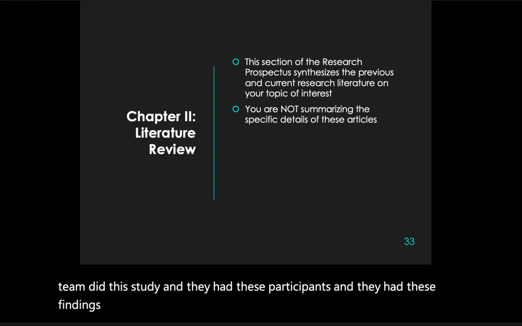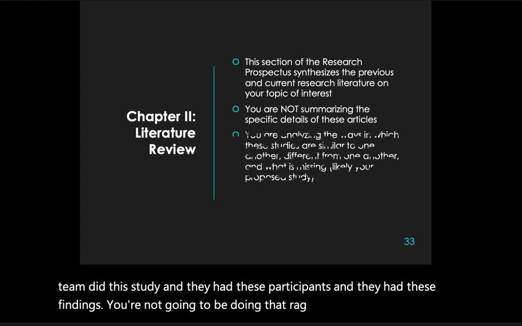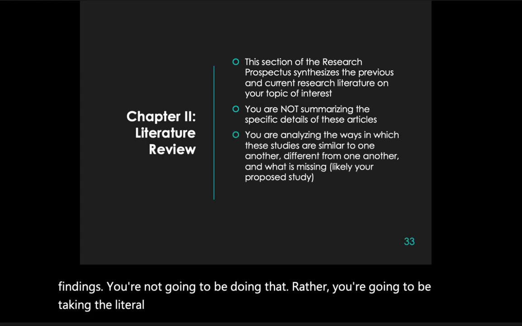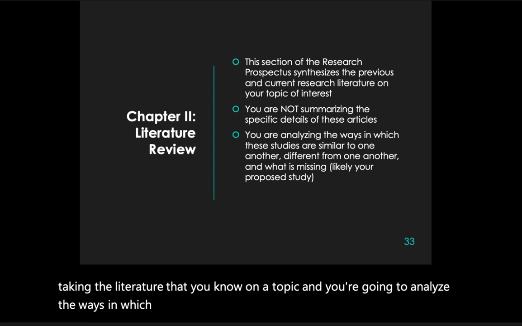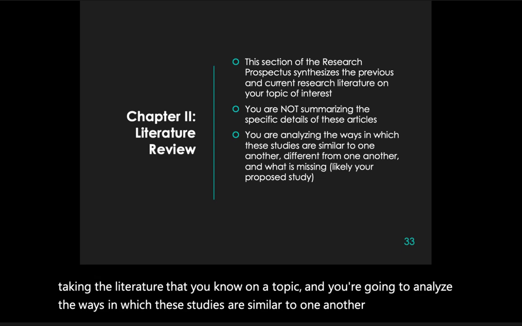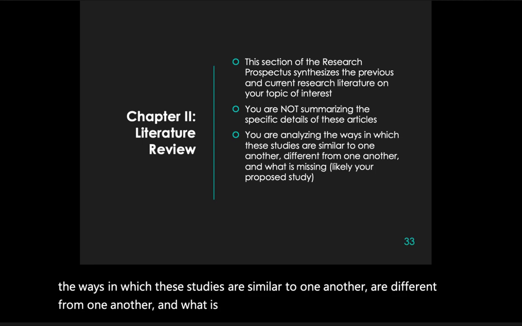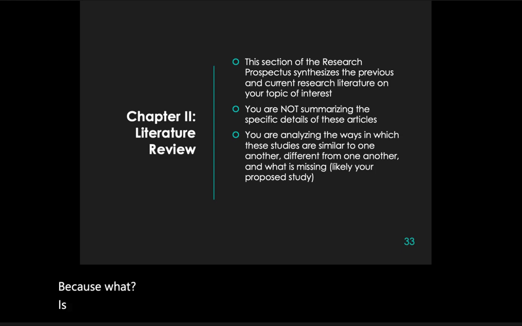You're not going to be doing that. Rather, you're going to be taking the literature that you know on a topic and you're going to analyze the ways in which these studies are similar to one another, are different from one another, and what is missing in this previous body of literature. Because what is missing is likely your proposed study.